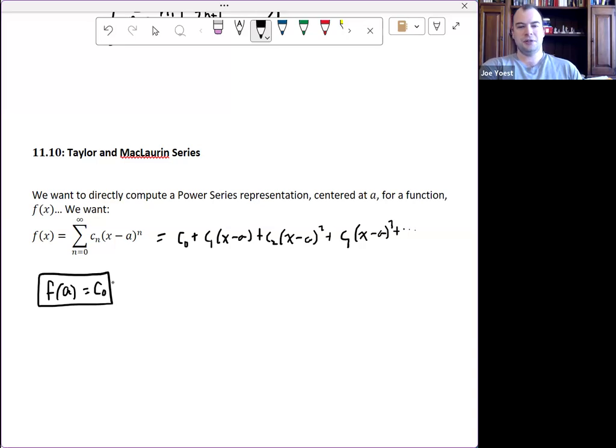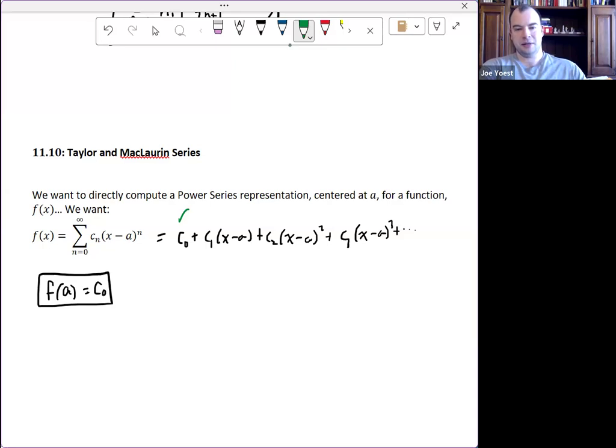Well, that's kind of nice. I figured out that, if this power series representation is going to work, let's suppose that we have a function that's nice enough that all of what we want to do with it is available to us. I figured out what c naught has to be. If I plug in a on the left and a on the right, I get f of a equals c naught.